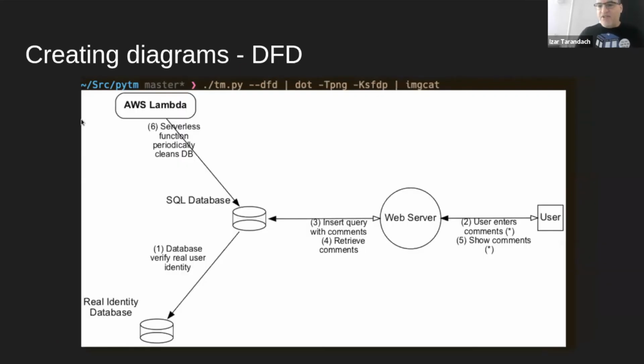To create a DFD, you just call the script here with --DFD, run it through dot. Now, pyTM doesn't try to do everything. pyTM has absolutely no idea how to draw an actual diagram.